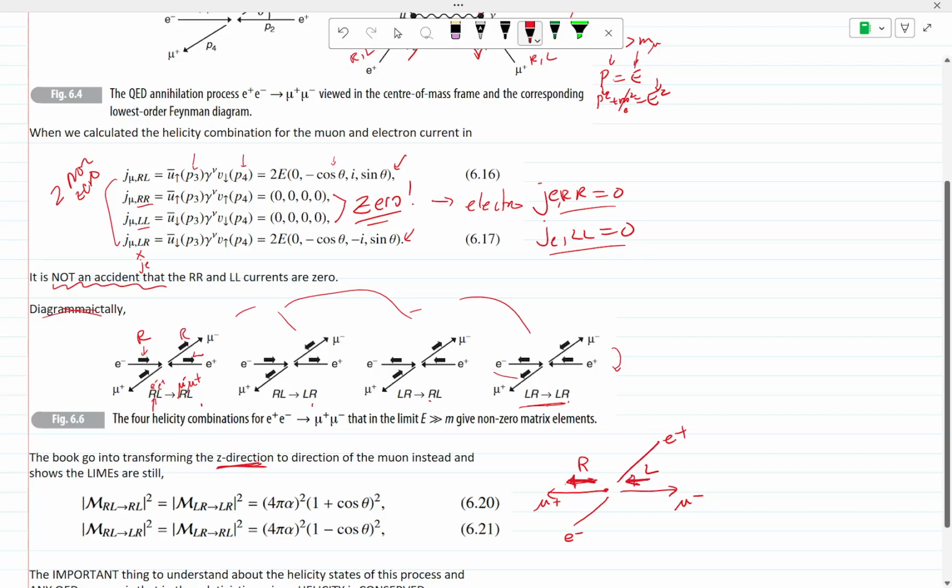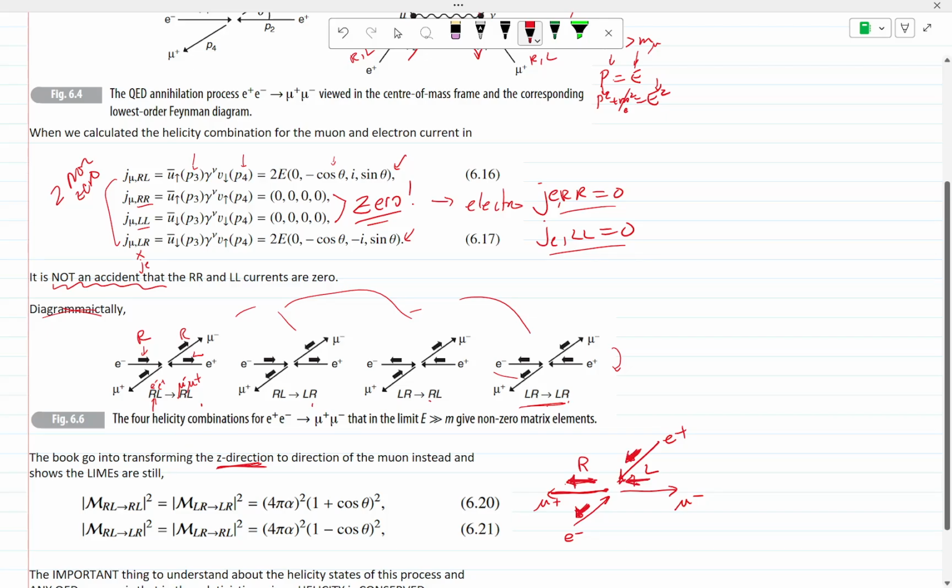So this is no momentum going out, this is momentum coming in. Since we want a left-handed electron, we want the helicity vector to be opposite of the momentum, and we want a right-handed anti-electron, so we draw it along this line.